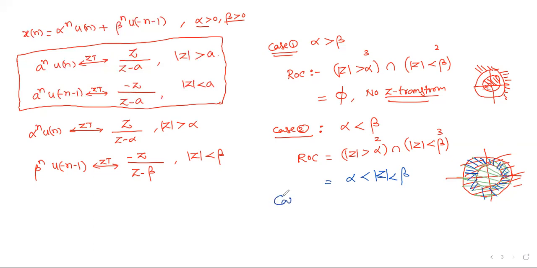Now, case 3. Because this question was given in a previous VTU examination, that's why I'm discussing it. So what if the ROC exists? What is the Z transform?